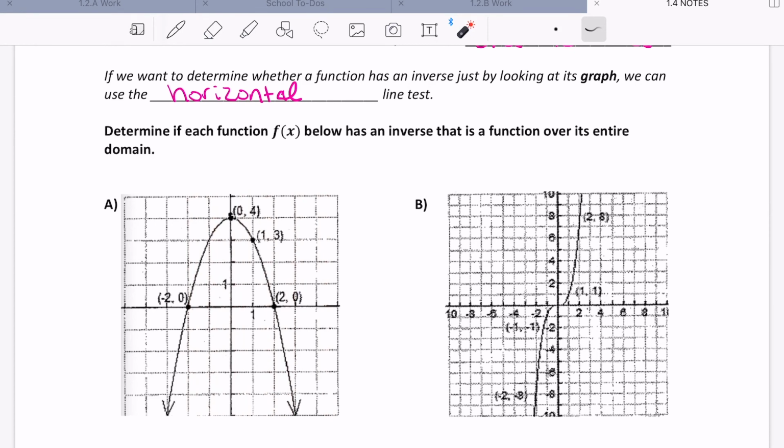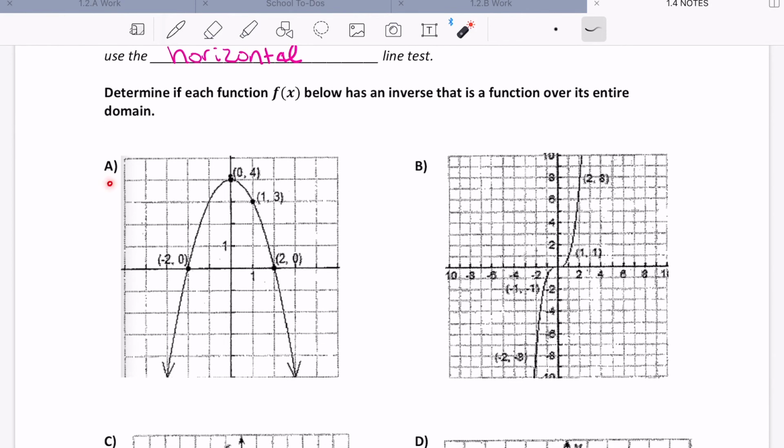In order to determine if each function below has an inverse, we would use the horizontal line test. So what we can do is run it through horizontally, and you can see at this point, my function only touches that horizontal line once, so we would say yes.